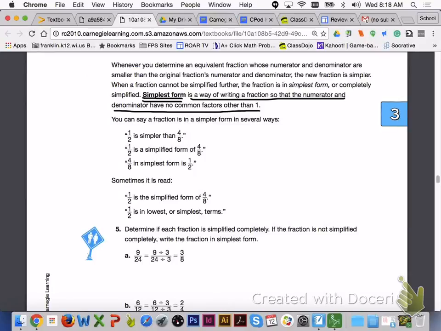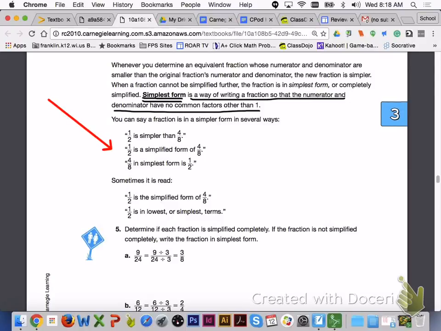Whenever you determine an equivalent fraction whose numerator and denominator are smaller than the original fraction's numerator and denominator, the new fraction is simpler. When a fraction cannot be simplified further, the fraction is in simplest form, or completely simplified. Simplest form is a way of writing a fraction so that the numerator and denominator have no common factors other than 1.